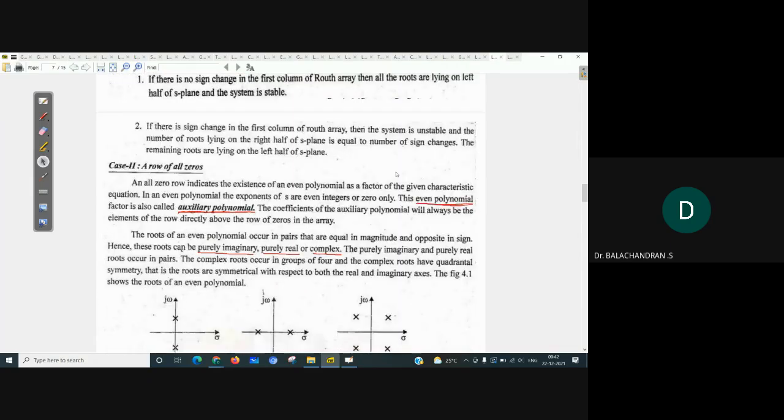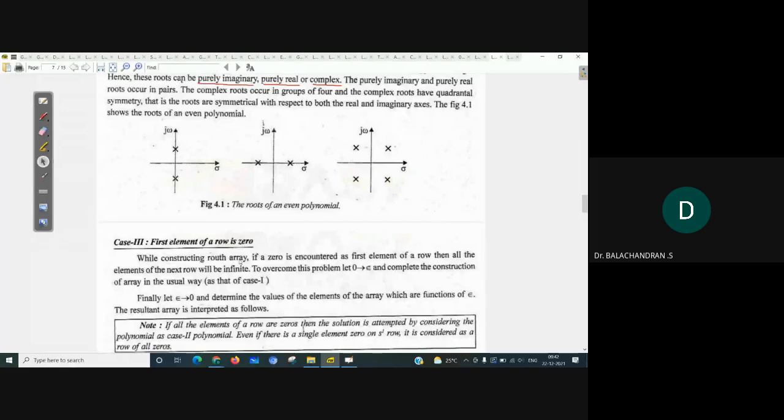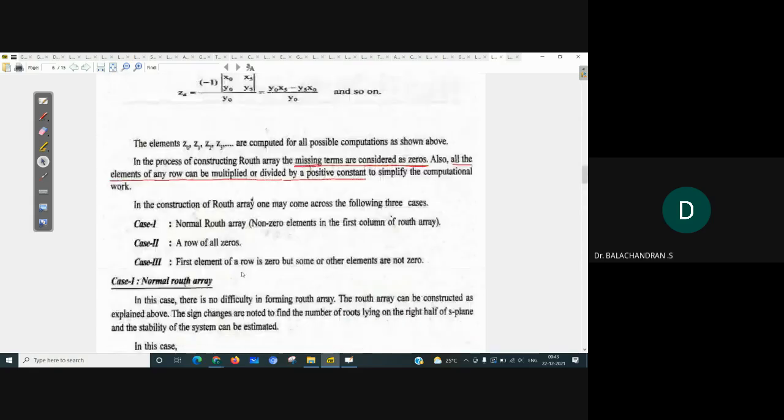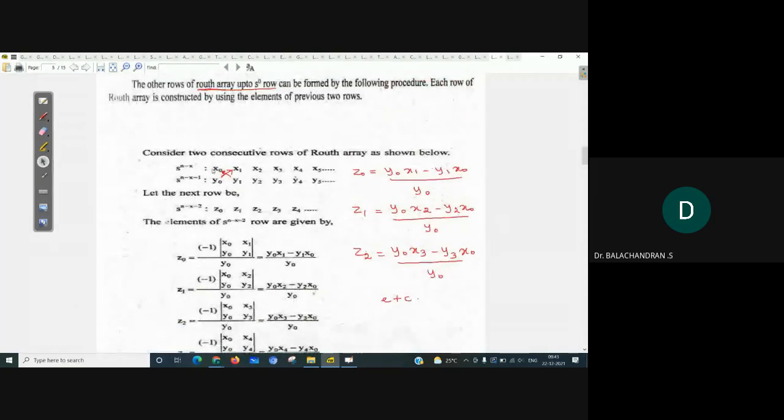So while constructing the root array, if a 0 is encountered as the first element of a row, then all the elements of the next row will be infinite. You can see in the construction, suppose y0 is 0; in the next row you are using y0 in the denominator, so you will get infinity everywhere in the next row.